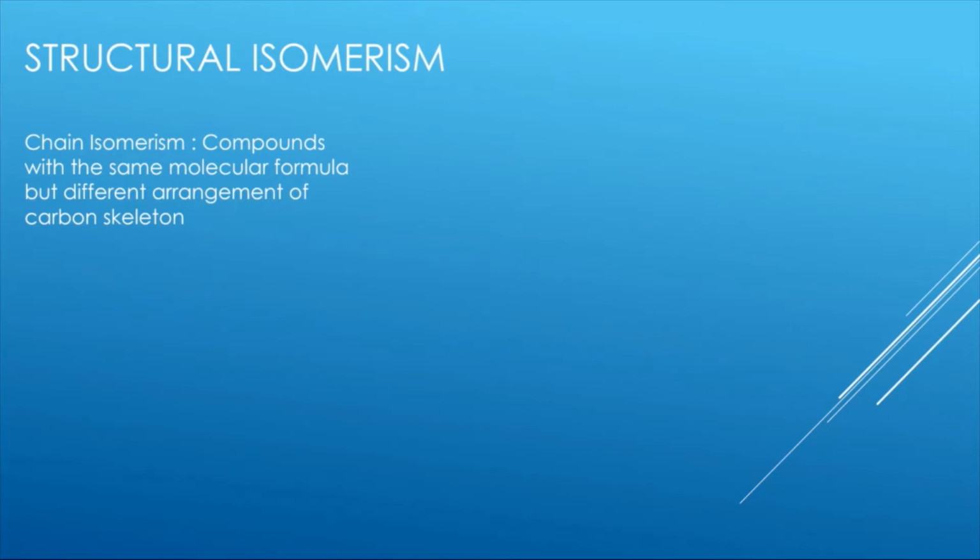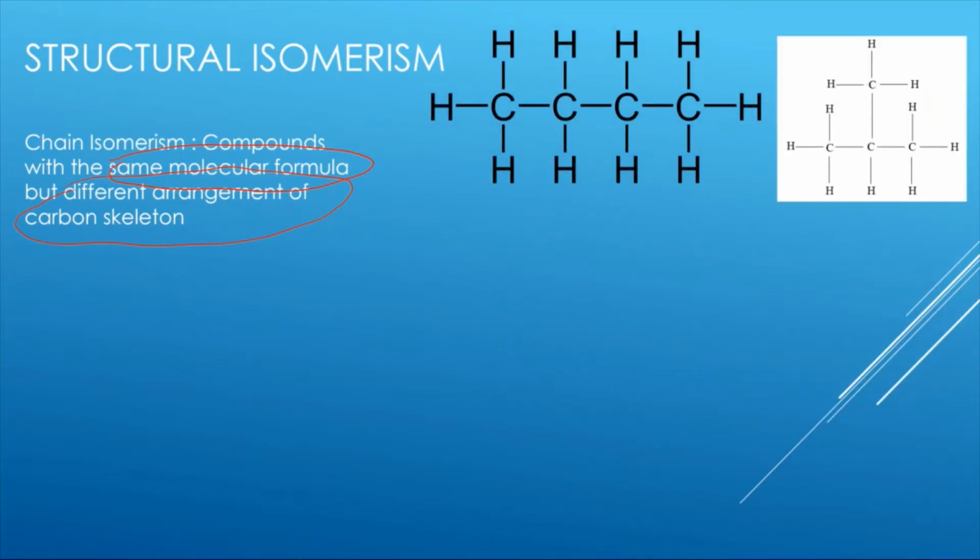These can come up. Chain isomers are compounds with the same molecular formula, but a different arrangement of the carbon skeleton. For example, both of these examples have the same number of carbon and hydrogen atoms, so they have the same molecular formula.